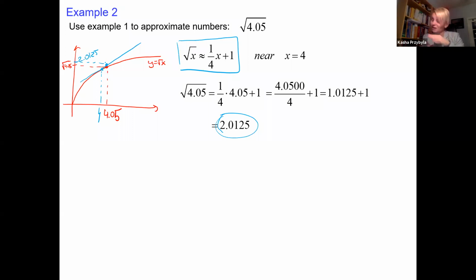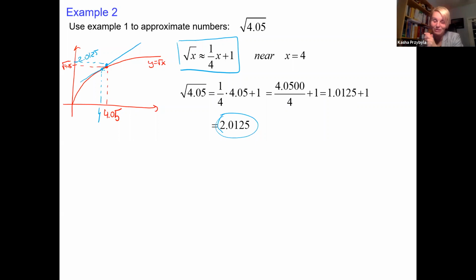And yes, the characteristic of the curve is right because the tangent line is above the curve. That means instead of taking the real value, which we will check, we actually got the value on the tangent line.